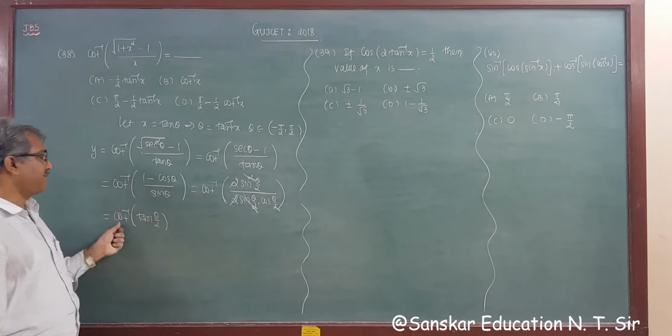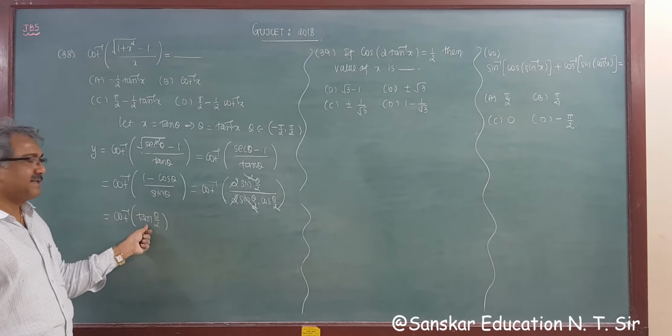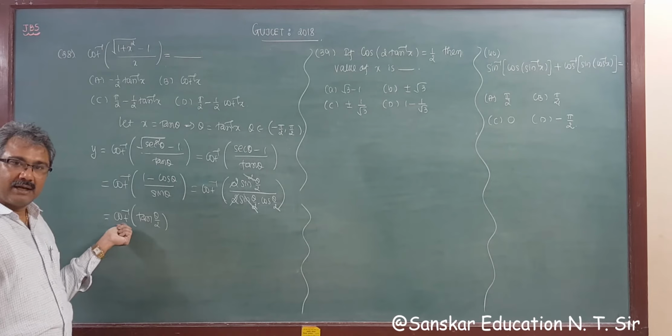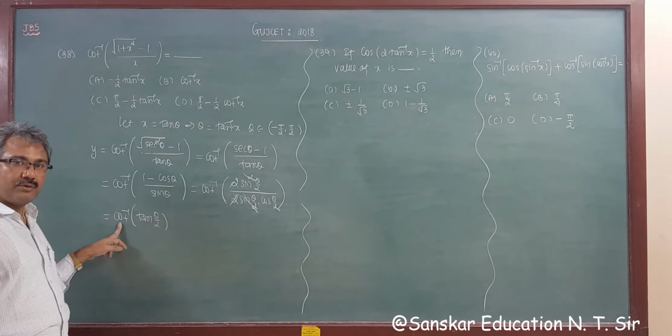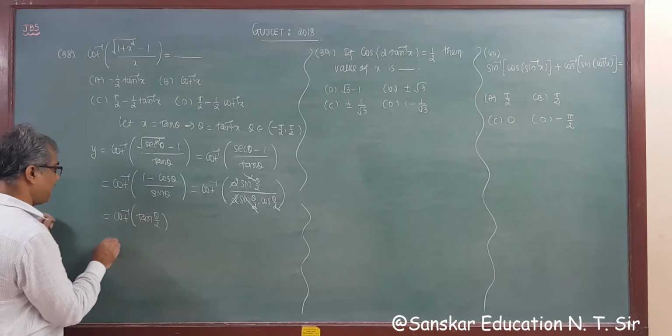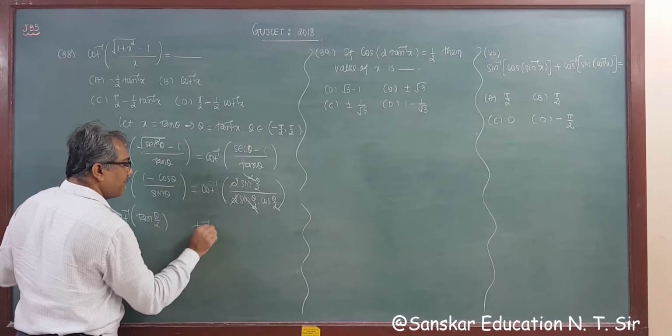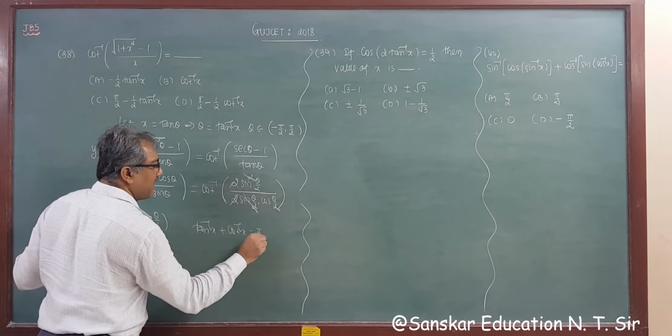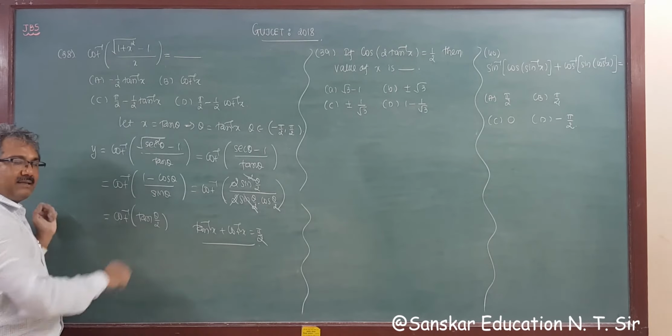Now the outside function is cot inverse, inside is tan, so we need cot here or tan there, right? So we are changing this into tan inverse by the formula tan inverse x plus cot inverse x is equal to pi by 2, applying this formula.